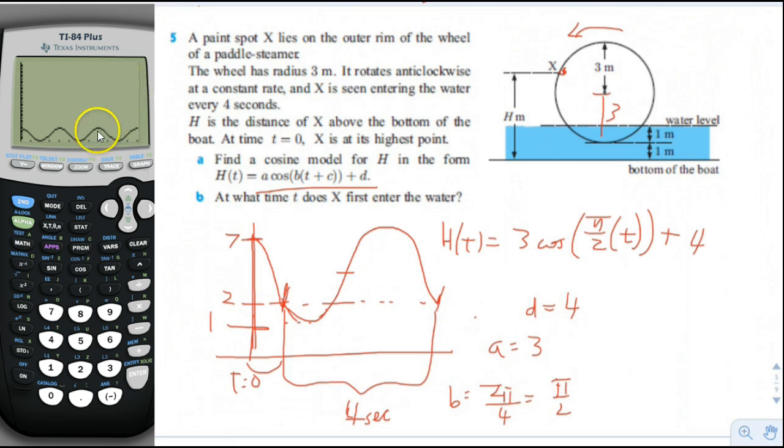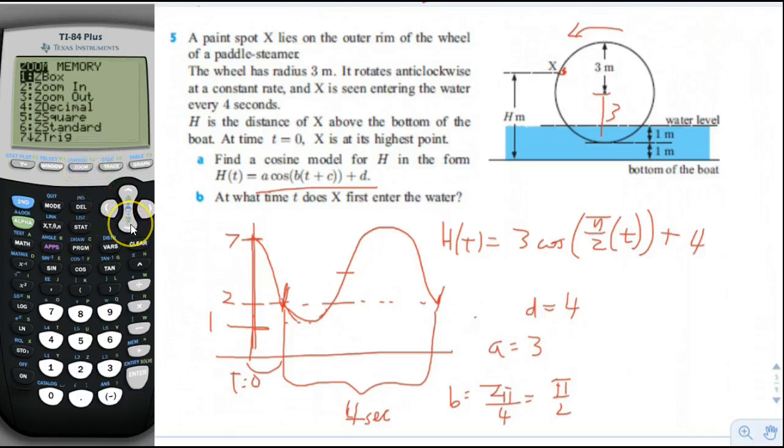Okay, so now we're going to draw a line at y equals 2 because that's where the water level is. Okay, and then we're going to say, okay, when does it first enter the water? And then we're going to do a second calc, intersect number 5, first curve, second curve, move the cursor over a little bit so that, great, we can't see anything.